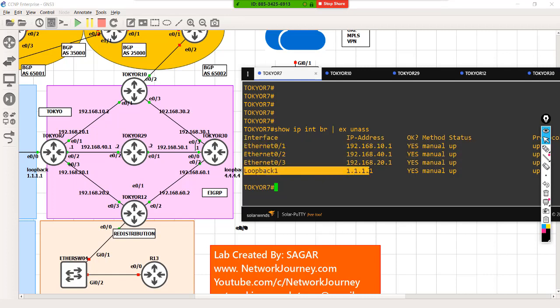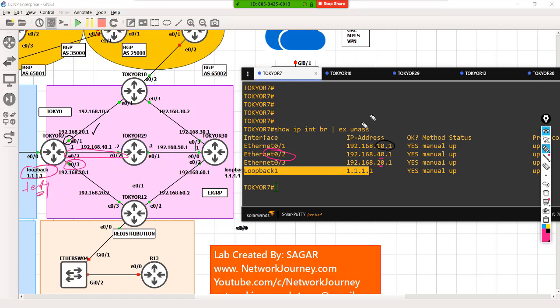Now where are all these from my diagram? Over on E0/1 I have the 10 network. Over on 0/2, that is this, I have the 40 network. On E0/3 I have the 20 network, and I have a loopback for testing the packets.